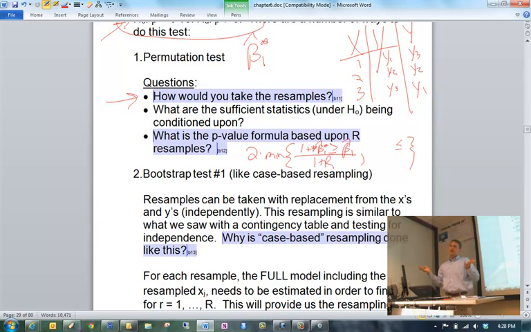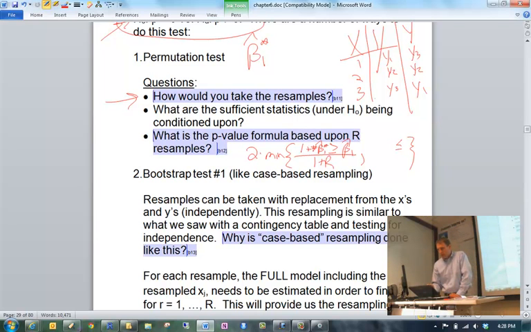Essentially, it's the exact same thing as with the permutation test, except now we're resampling with replacement, and we're actually resampling both the X's and the Y's.